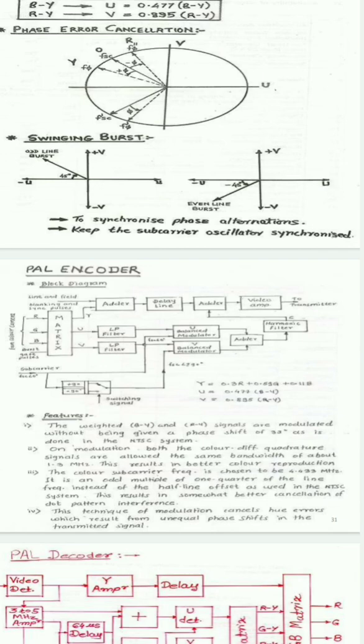If we are alternating two colors, mixing the two alternate colors by our own eyes, you will get the true color which will be visible to our eyes. So this is the partial inbuilt protection against the phase error with the simple PAL system. You can see the diagram here.